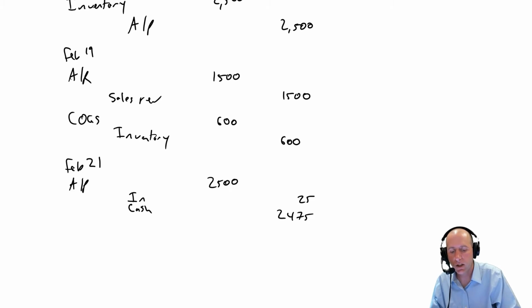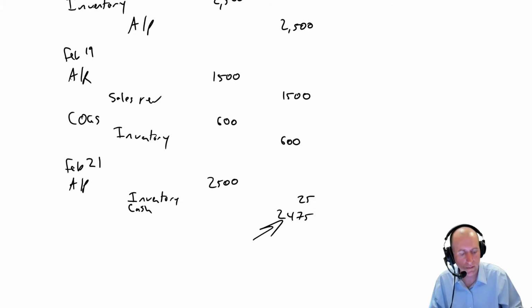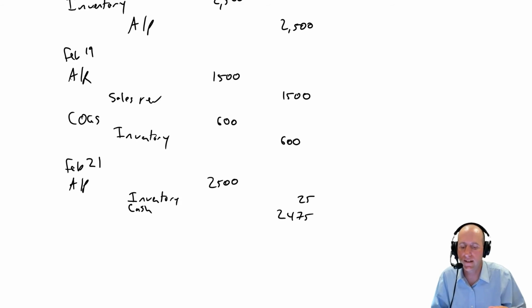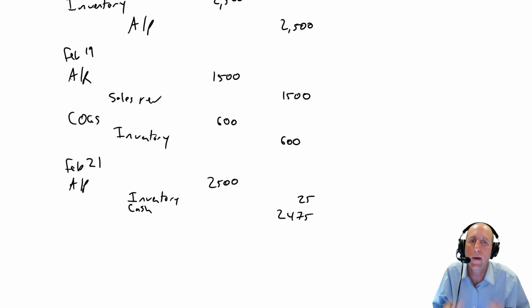That is a reduction in our inventory value. We did not pay the full $2,500 for inventory. We paid $2,475. So we got to reduce our inventory value by that $25 discount. The inventory on the books is what you paid for it, not some full price amount.